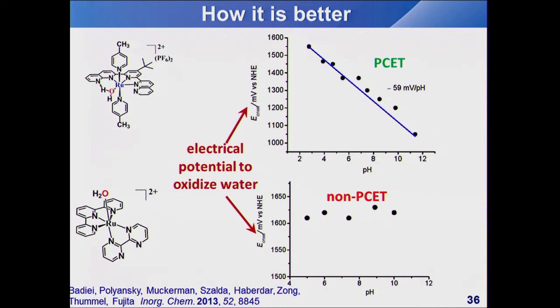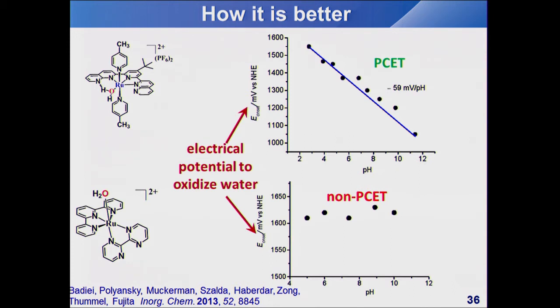Now, if we look at the catalyst which does all PCET steps, it starts pretty high as well, at high acid concentrations. However, if you start decreasing the concentration of acid, or increasing the pH of the solution, the potential required to start the water oxidation process drops a lot.